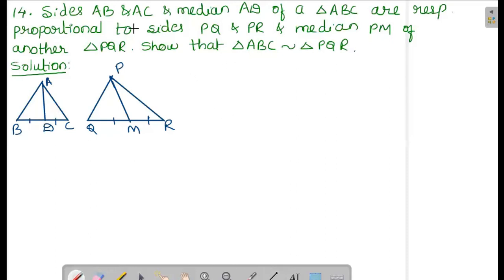So given is they are proportional, that is given: AB by PQ is equal to AC by PR is equal to AD by PM. Right. Then what we have to prove? To prove triangle ABC is similar to triangle PQR. We need to prove this. Now proof.